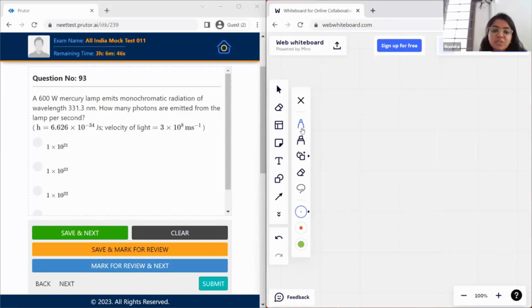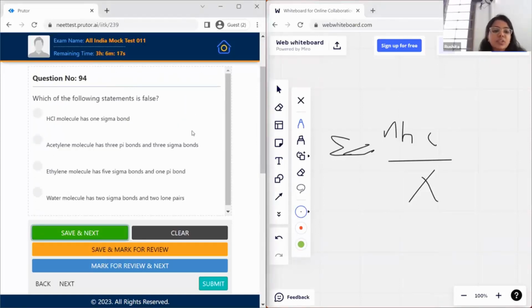So E equals N h c by lambda, and we need to find N here. When we substitute the values, it would be 1 into 10 raised to 21 photons per second.